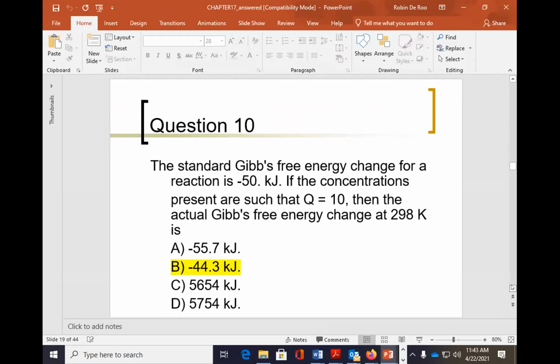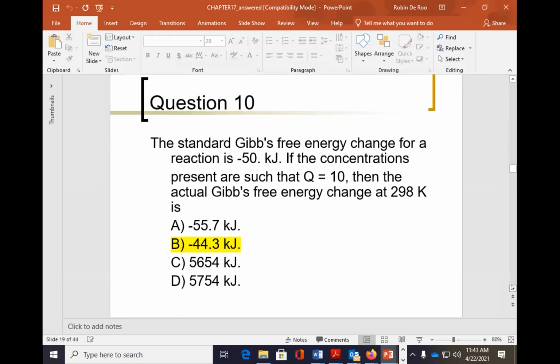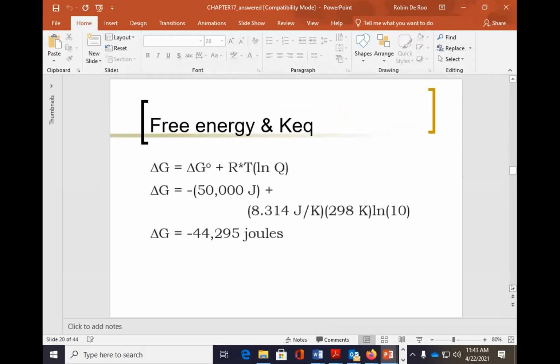Okay, so this one we have an equation. Okay, so I'll let you write that down, unless you already worked it out.